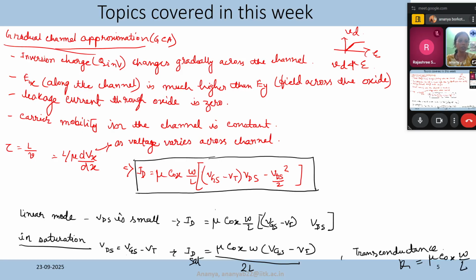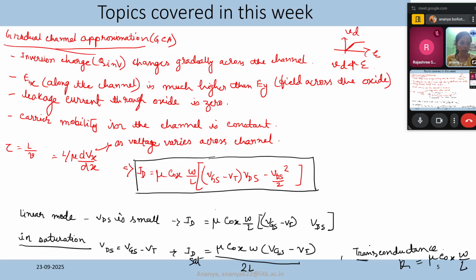This is the opposite of resistance, right? And what does transconductance mean? In general, we will define transfer characteristics of MOSFET and output characteristics of MOSFET. What normally does this trans portion mean? It means we are taking one parameter from the input side and one parameter from the output side.